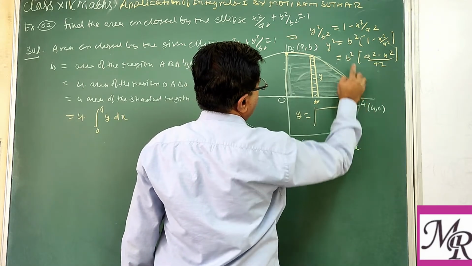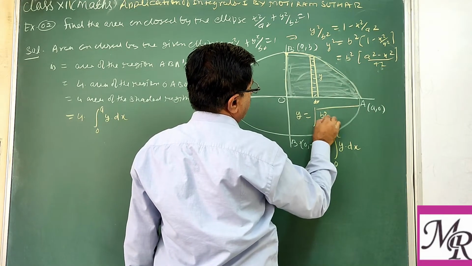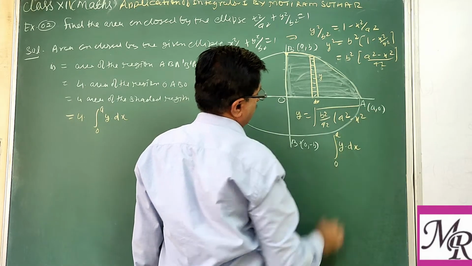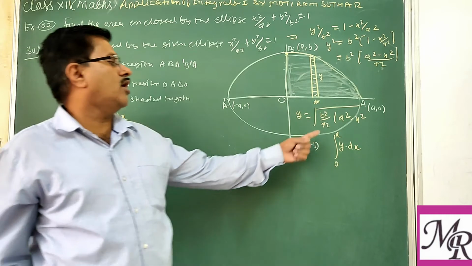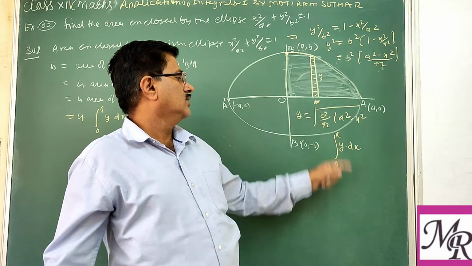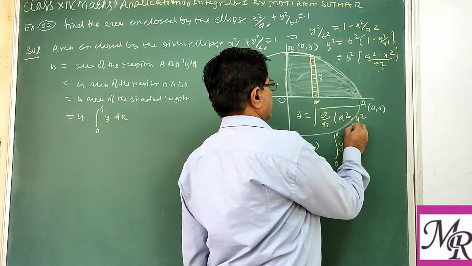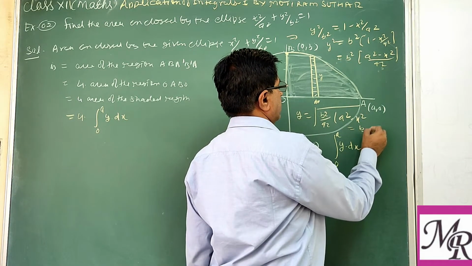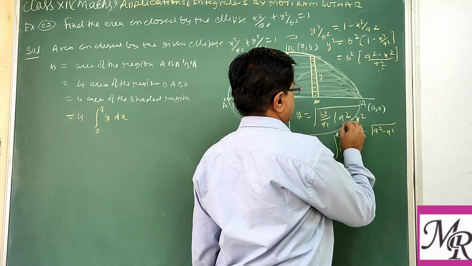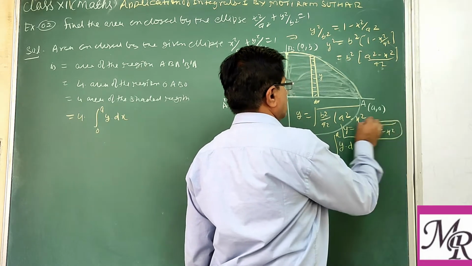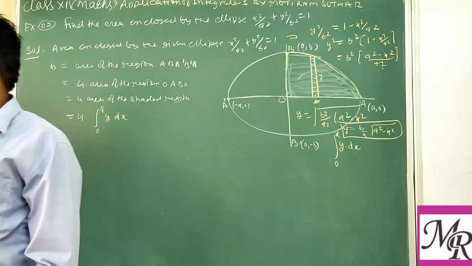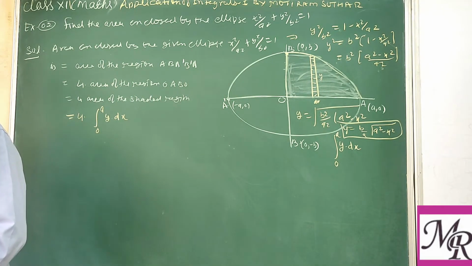So the root of b square upon a square into a square minus x square. Now the root of a square cancels, so finally we get b upon a root of a square minus x square. This is the value of y. Always write y in simplified or standard form.